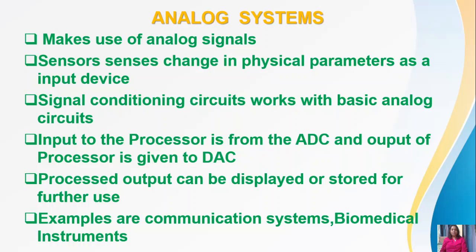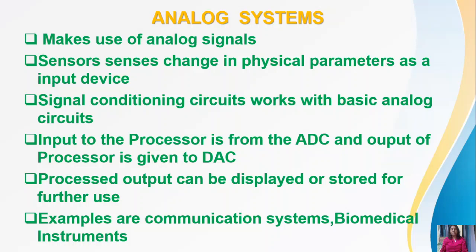The output of the signal conditioning circuit is then applied to an analog to digital converter, which converts the analog signal into digital for the processor to process. The processor understands the binary language of ones and zeros and processes the output of the ADC.